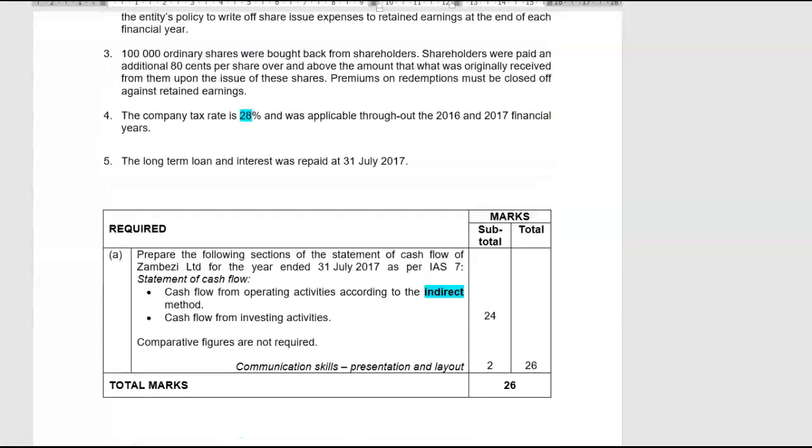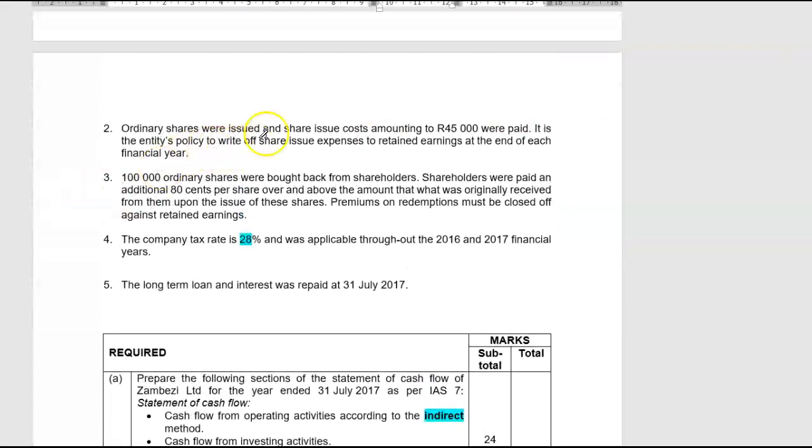Dividends paid. Now the question had something about shares. They've told us here that ordinary shares were issued and share issue costs amounting to 45,000 rand were paid. It is the entity's policy to write off share issue expenses against retained earnings. 100,000 ordinary shares were bought back from shareholders.